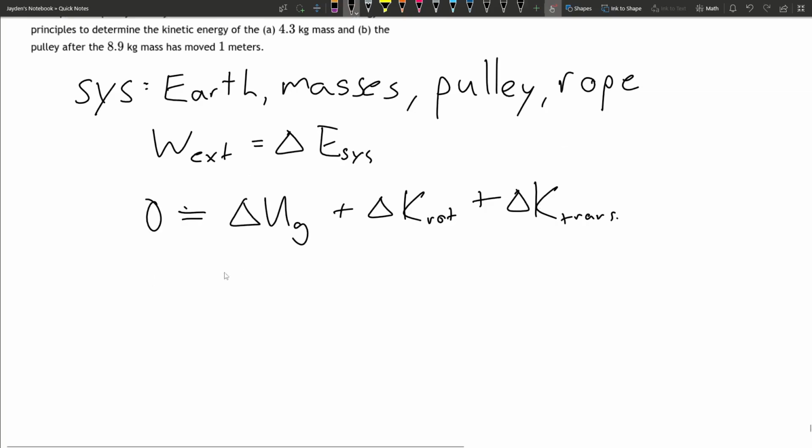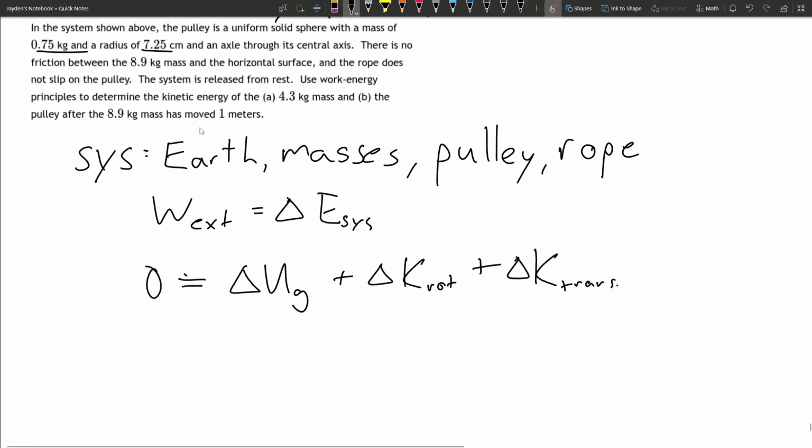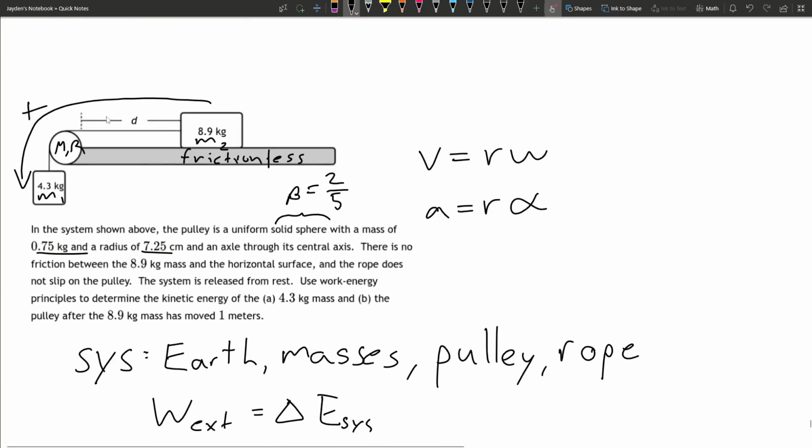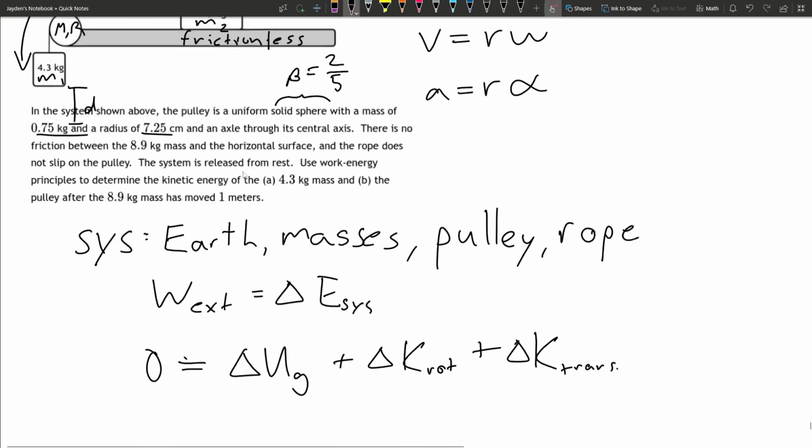Well, the change in UG is already given. The distance that this moves and the distance that this moves are going to be the exact same because the rope does not stretch.